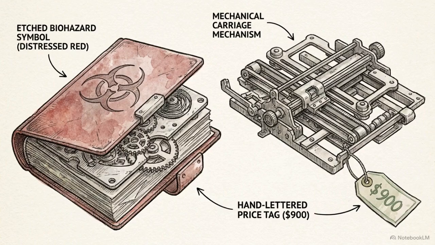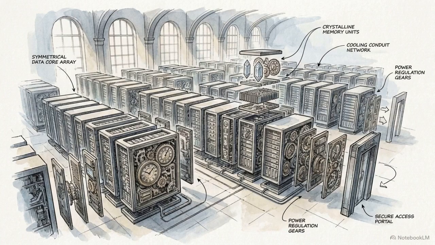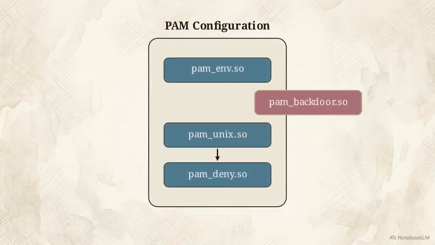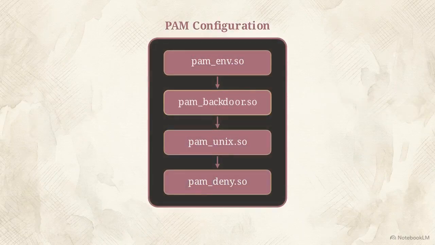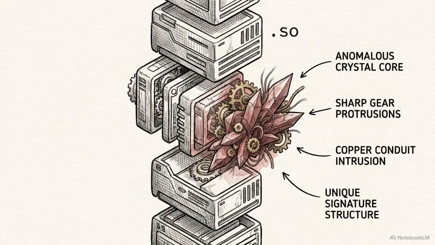This is the work of two specific malware variants, Plague and a commercial implant sold on Russian cybercrime forums called PamDora. Deploying these tools bypasses the need for burning 0 days or brute-forcing firewalls. Instead, they subvert the server's logic from the inside out. They achieve this by deploying malicious Pluggable Authentication Modules, or PAMs.